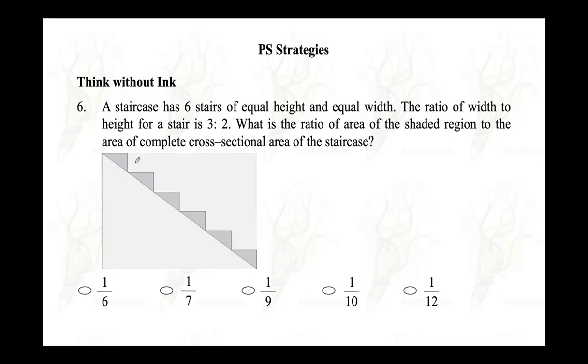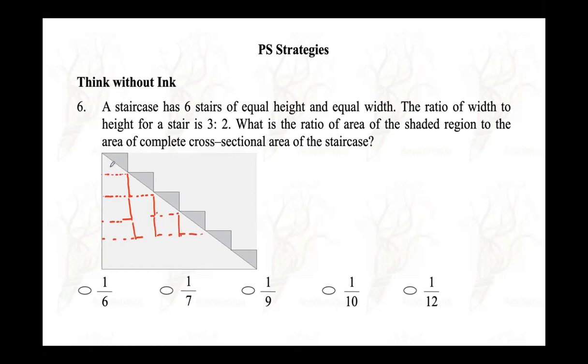Mind it, while I do that, a simple visualization would have helped that this is what it looks like. Similarly, if I add these two, I'd have got 2. If I would have added here, I would have got 3 stairs. If I would have added here, I would have got 4 stairs.